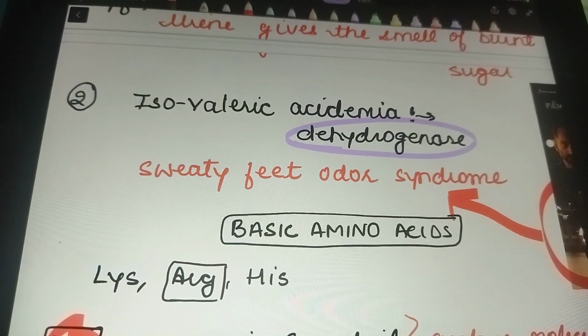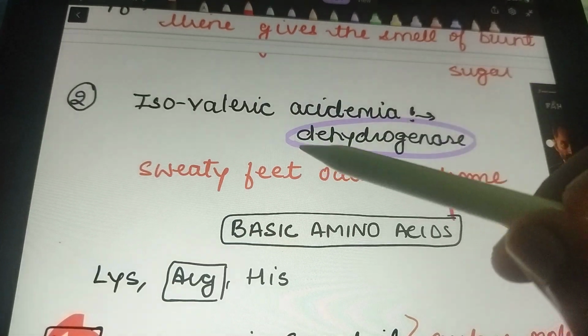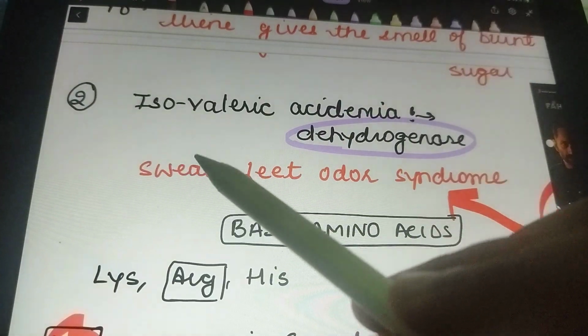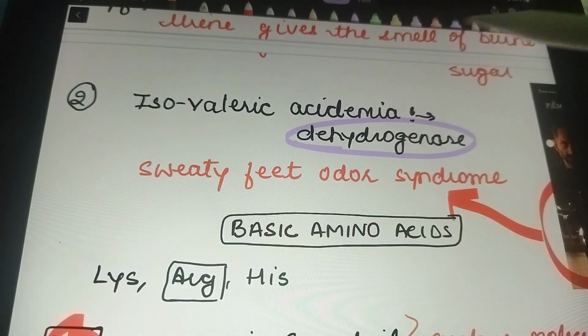I know a movie instance to relate with isovaleric acidemia. It's easy to remember when you relate something to a person. Since I have a friend, I could write his name here for sweaty feet odor syndrome. But normally we don't have such a condition.